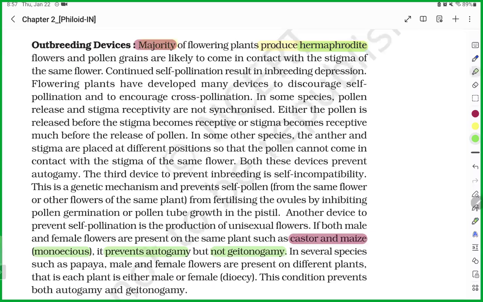Yes, sir. So most of the flowering plants are hermaphrodite. It means male and female reproductive organs are present in the same flower, and it will lead to self-pollination, and self-pollination leads to inbreeding depression. Chandana, what is inbreeding depression?